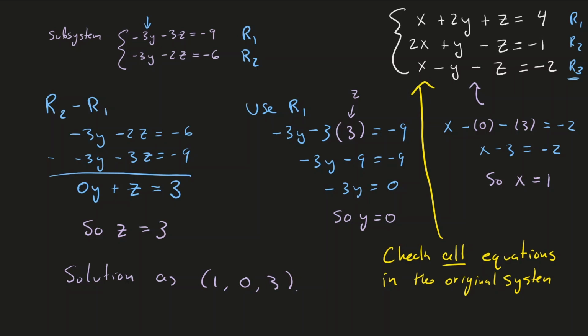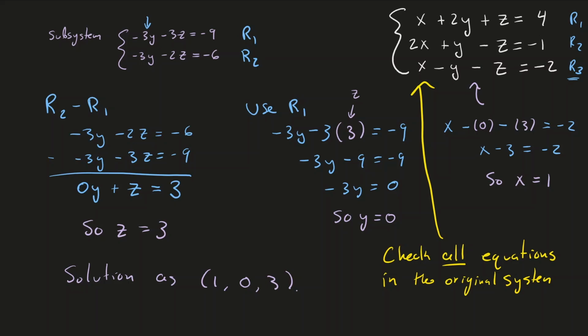The point being is that if you check in any system after you've made modifications to the original, if you made a mistake, say going from row 2 minus row 1, for instance, if you made an algebraic mistake there and you check it after you made that mistake, your solution may work. But if you check it in the original system before you did anything to solve it, that will be a true indicator if the solution is correct or not. So again, take your solution and plug it back in.